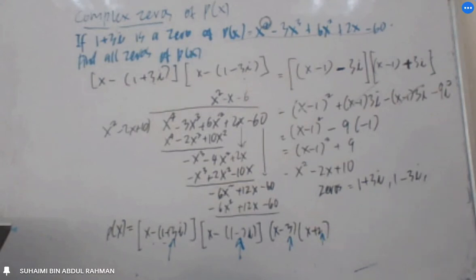Next, 3 and negative 2, so 3 and minus 2. These are the 4 zeros of this polynomial. And remember that those 4 zeros are combinations of real and complex zeros.